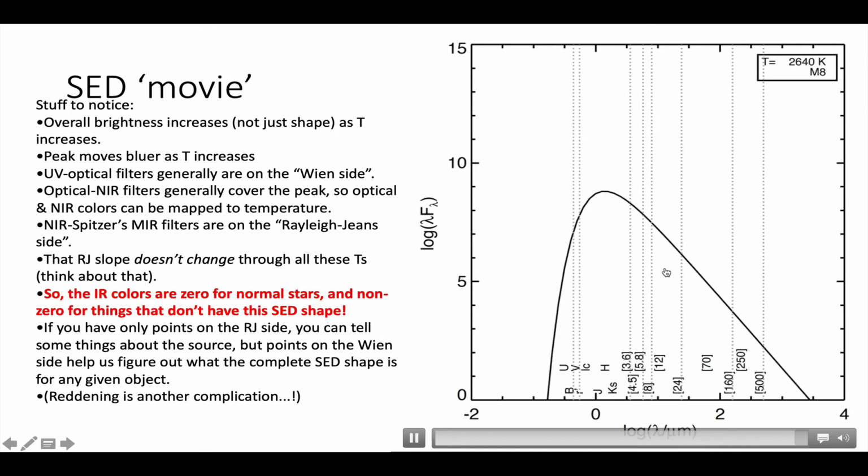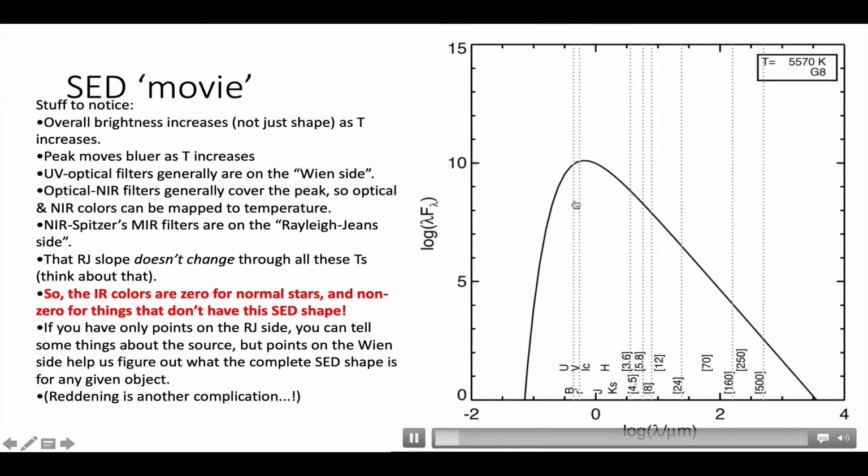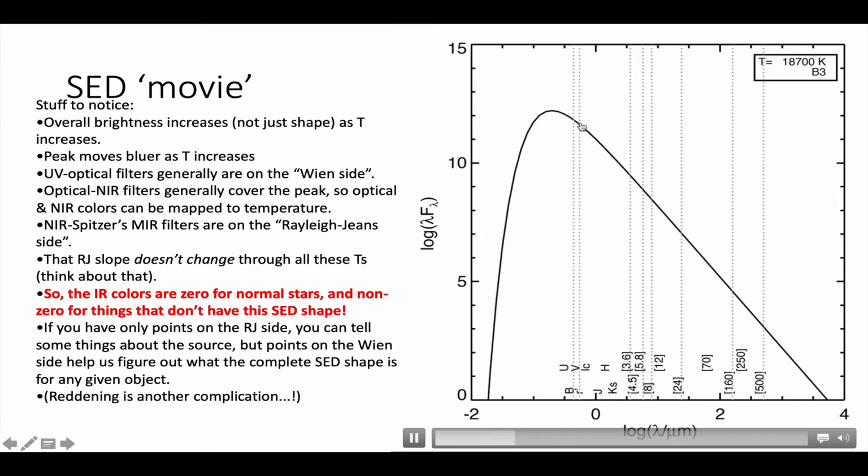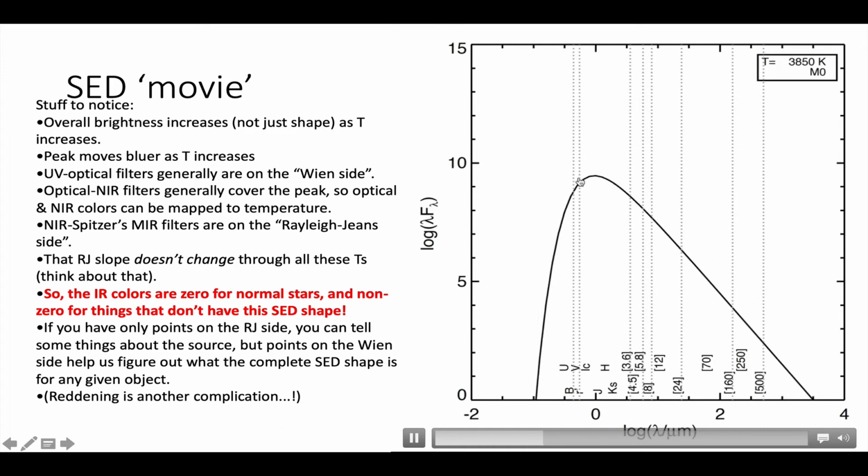So you can see that the B and V filters are crossing that blackbody curve here when this is an M8, so it's a relatively cool source. Because it's on the Wien side of the curve, the source is brighter at V than it is at B. But watch those two lines as this movie happens. The slope of that line as it goes through those two filters changes a lot.